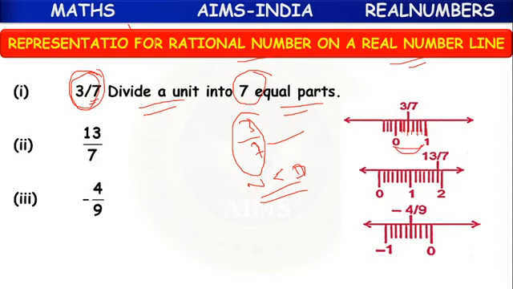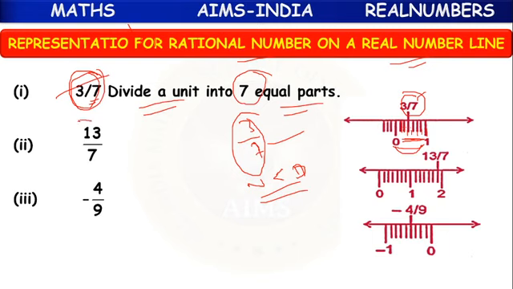We divide the space between 0 and 1 into 7 equal parts, and out of those 7 parts, from the leftmost point, that is 0, 1, 2, third. So the third position will be considered as 3 by 7.